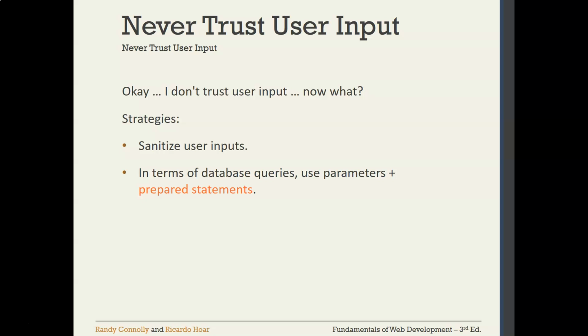There are third-party libraries. There's one from Google that's quite good that you can use for sanitizing user inputs. But for us in this course, in terms of database queries, what we can generally rely on is just using something called prepared statements along with parameters. So let's take a look at what that is.